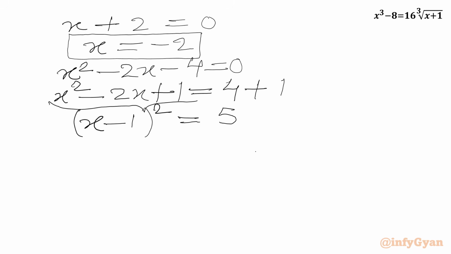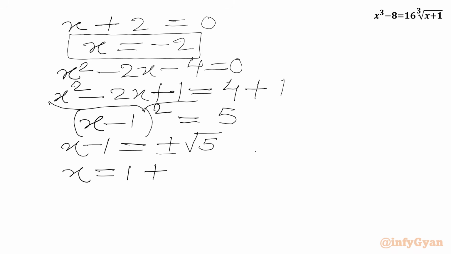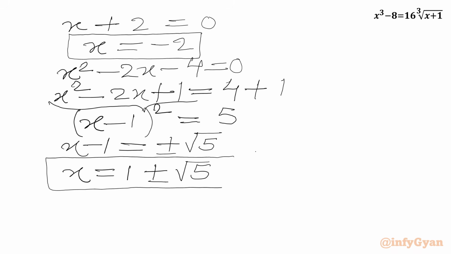Now we will take the square root of both sides and we will write x minus 1 equal to plus minus square root 5. Now we have to add 1 to both sides to get our remaining two solutions. We will get 1 plus minus square root 5. So in total we have three real solutions.